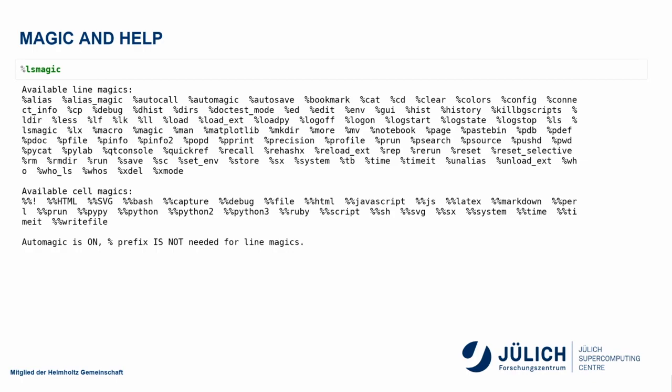One of the magic commands actually lists the magic commands that are available: %lsmagic. And notice here it says available line magics and available cell magics. The line magics all act on the line they are on, so on everything that is following. The cell magic acts on an entire input cell.